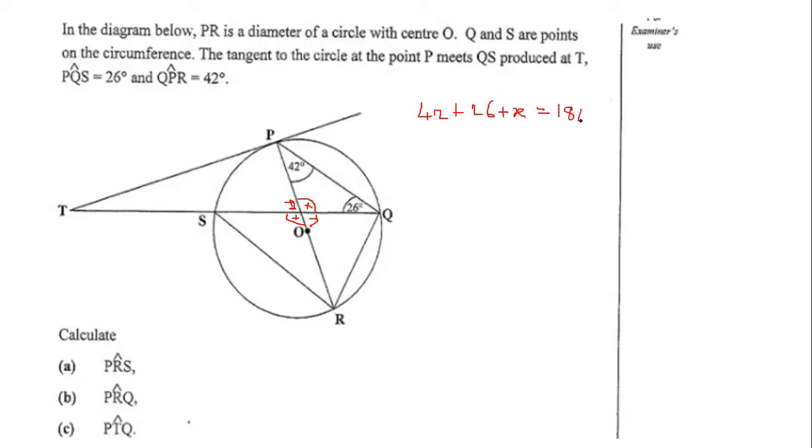Okay, so we use this one. Why? Because this is a triangle now. This has become POQ, it's a triangle. So we add 42 plus 26. Okay, so 42 plus 26, just add it from here to simplify things. So 42 plus 26, this is 68.